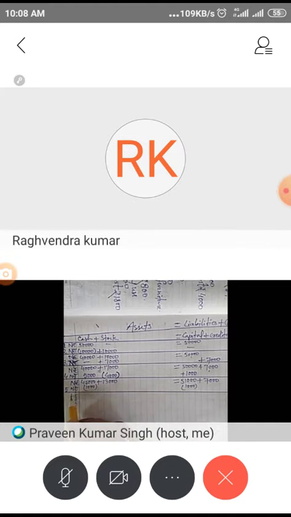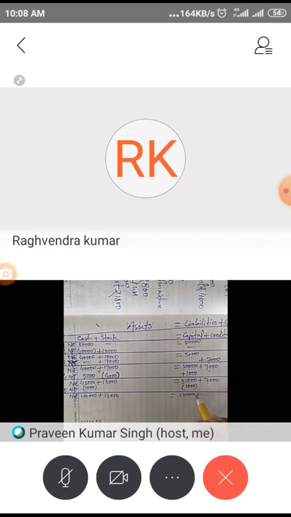So the new equation will be 44,000 plus 13,000 stock equal to 50,000 plus 7,000.